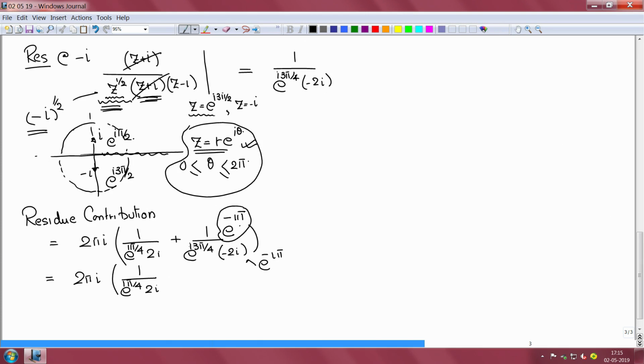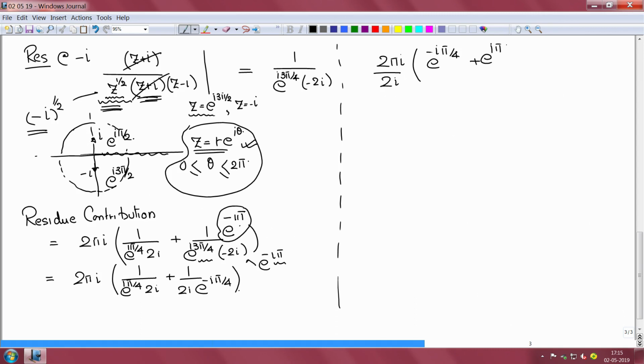So the negative is gone, so I get a plus 1 by twice I, but this e to the power I 3 pi by 4 and minus I pi gives me e to the power minus I pi by 4, and so I have twice pi I, take twice I outside, e to the power of minus I pi by 4 plus e to the power I pi by 4.